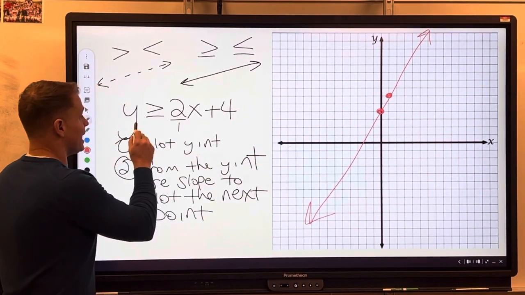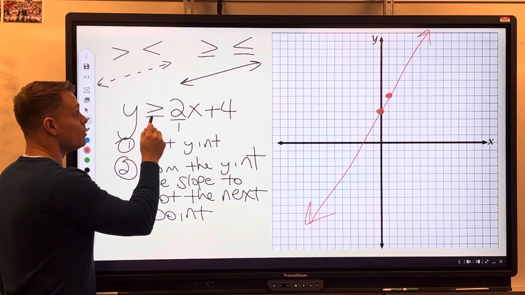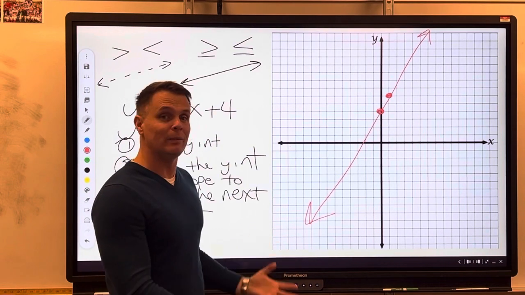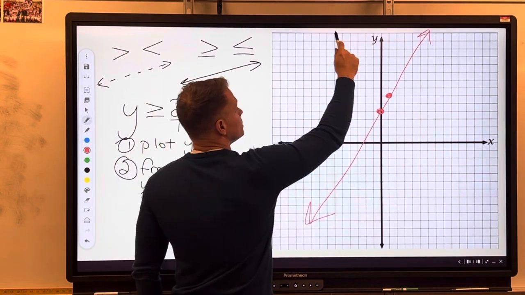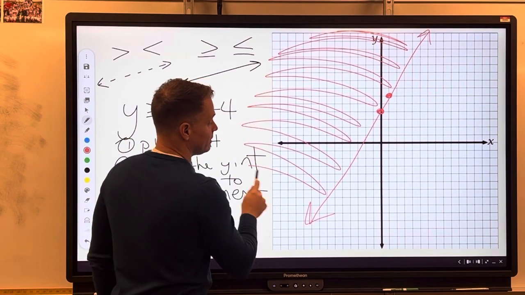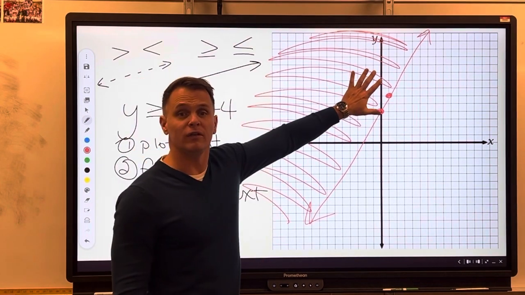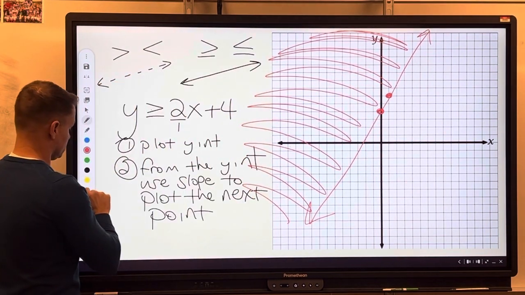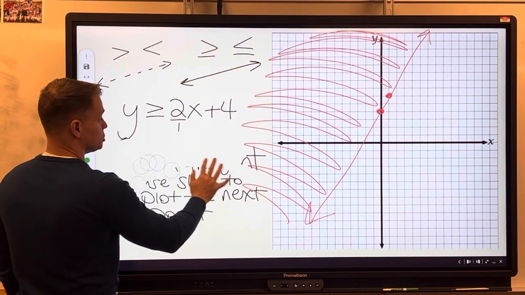So what does this say? It says y is greater than, which means it's above. So I'm going to shade this right here. All of these coordinates would make this inequality true.